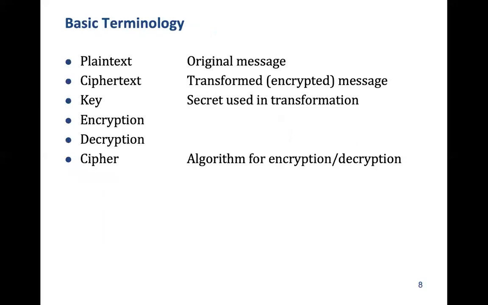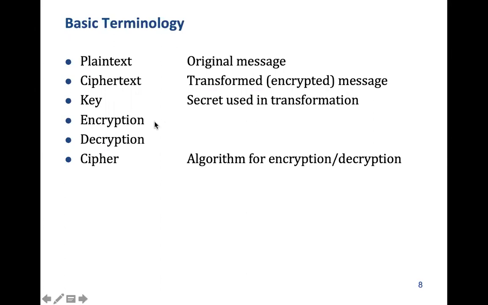Okay, the terminology that we use, very often we'll use this terminology. Some of these we have already covered. Plain text is nothing but the original message. Ciphertext is the encrypted or transformed message. After encryption, whatever we get is the cipher message. Key is the secret that we use for transformation.